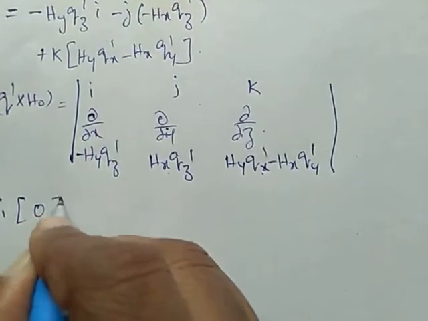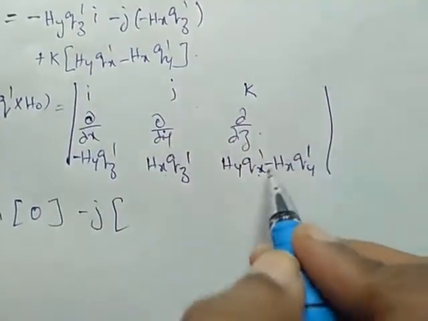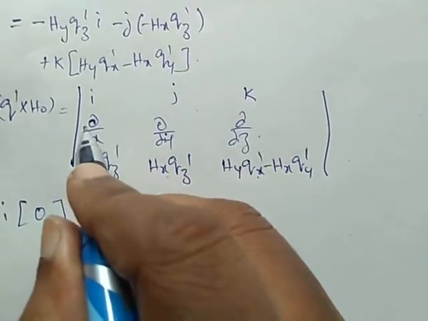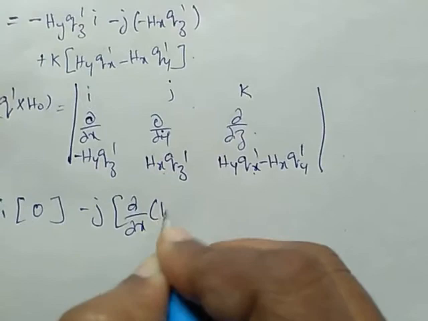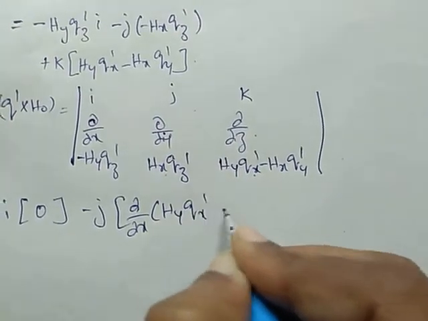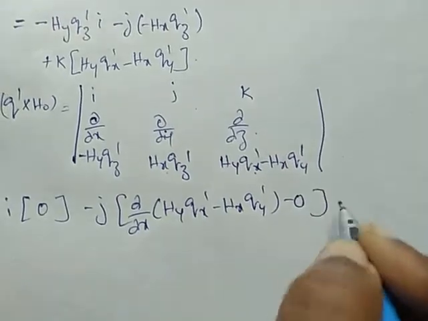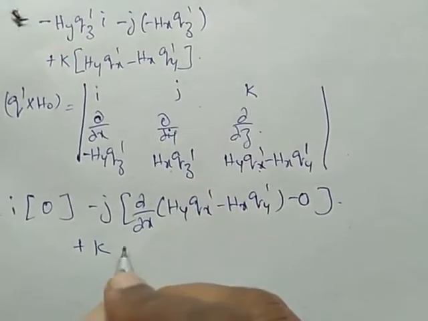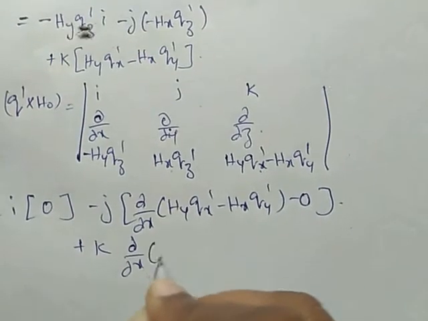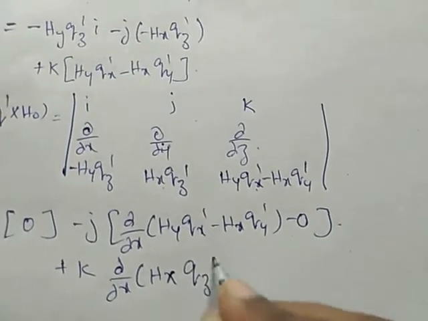So i is 0. What is j? Minus j, differentiation of this with respect to x. So we will have dou by dou x of hy qx dash minus hx qy dash. Another term is 0. And for k also, dou by dou x of hx qz dash.